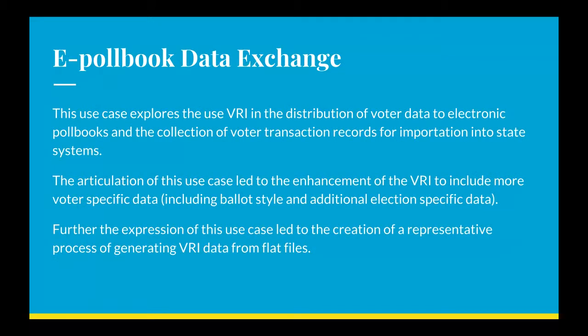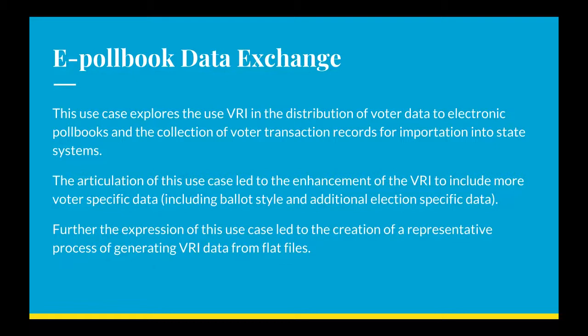And lastly, the use case that was explored in narrative format and also in code was the electronic poll book data interchange. And as I mentioned in the opening remarks, electronic poll books can be in-house developed. The Commonwealth of Virginia actually had a long-term initiative to develop an in-house electronic poll book product.